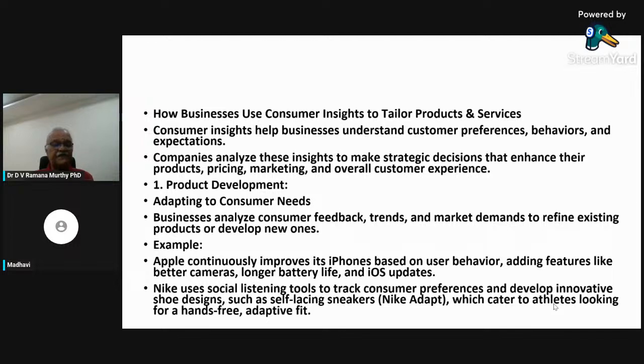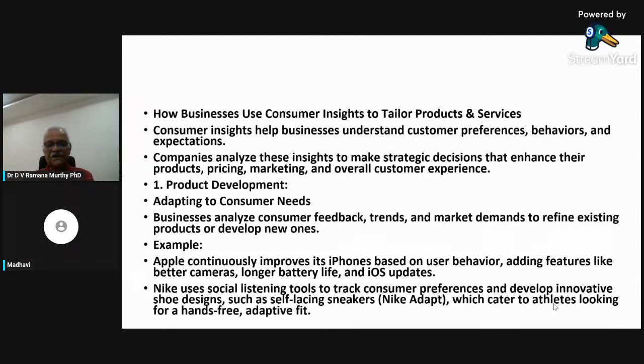Another example we can say is Nike, the sports shoe company, which uses social listening tools to track consumer preferences. Lots and lots of things are made possible only when you can track consumer preferences through research. So Nike, on shoe design or designing self-lacing sneakers, they study athletes because these things will help only athletes, right?